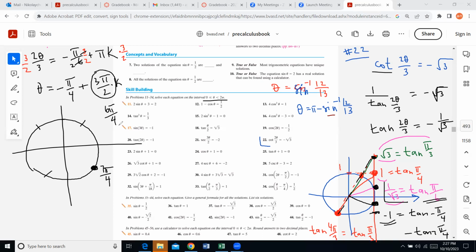So let me start adding and see what other points we get. So I need to add 6/4 of pi. So I add 1, 2, 3, 4, 5, 6, and I got that. And that's not it, because the period is times k, so it could keep going and going. So I add another 6/4 of pi. So let me get another color so we better see this.